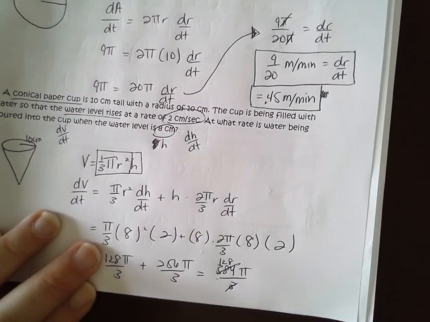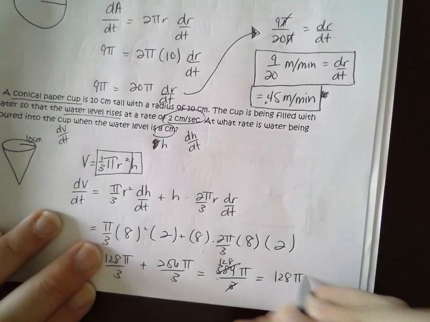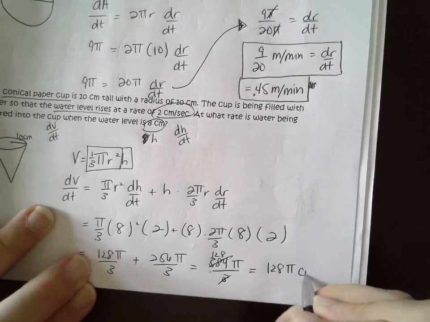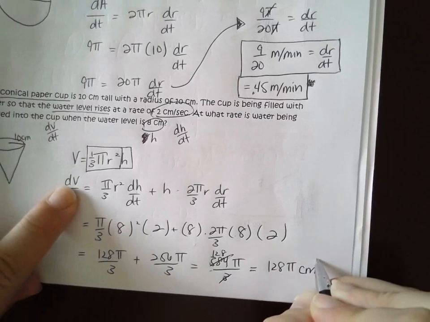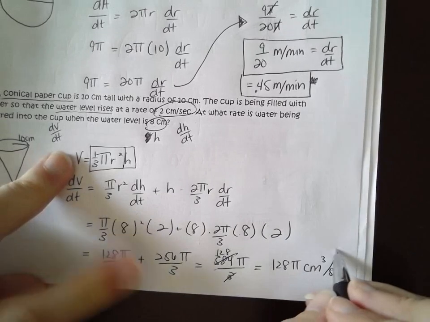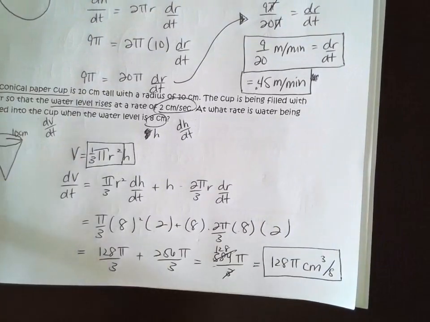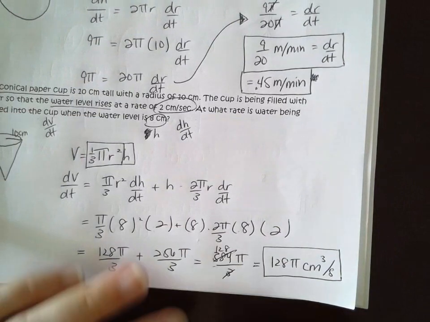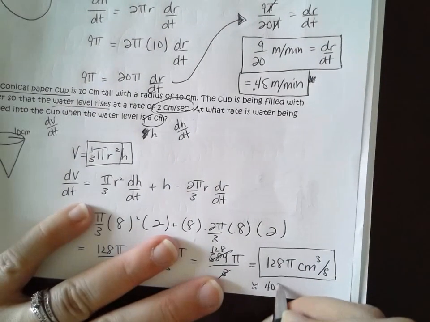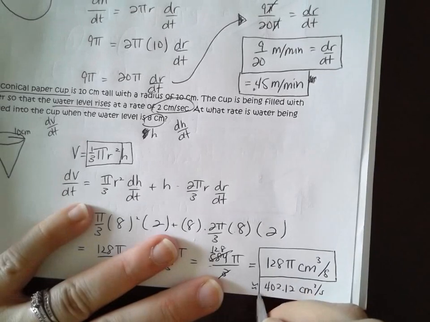I think it's 128. Yep. So my exact answer is 128 pi centimeters cubed per second. If you want an approximate answer, 128 pi comes out to be approximately 402.12 centimeters cubed per second.